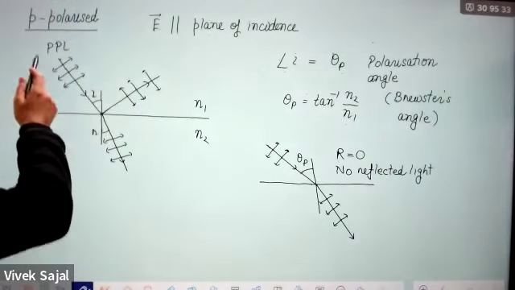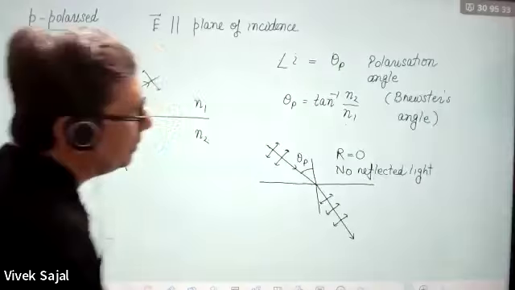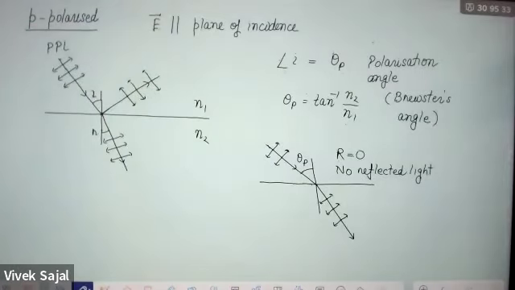So this is the case. This type of plane polarized light is called p-polarized, known as p-polarized light. Next, please note it down quickly.